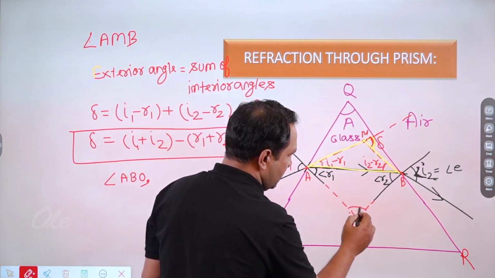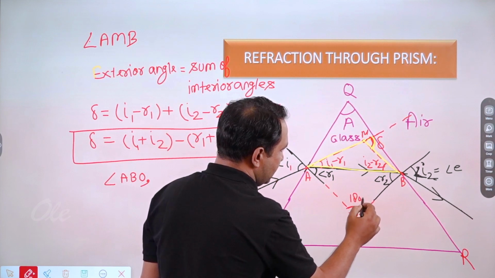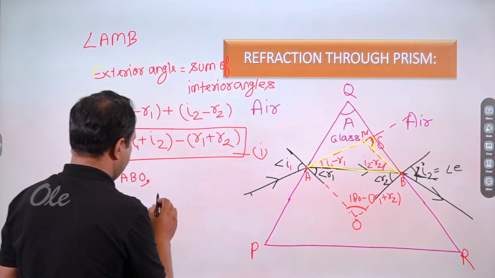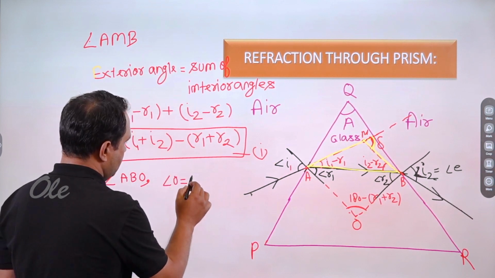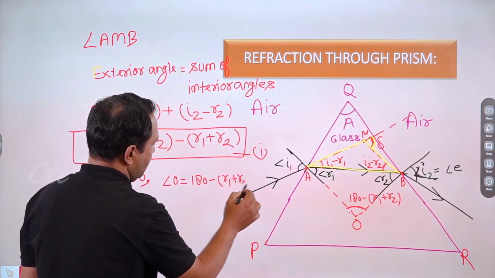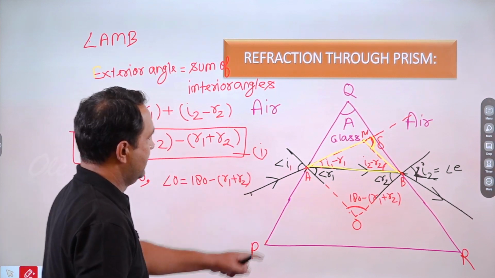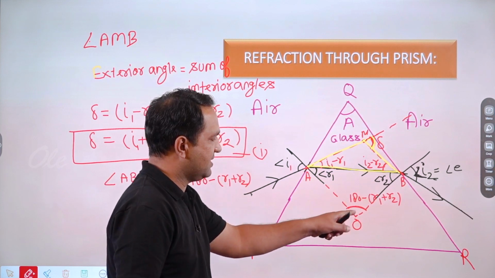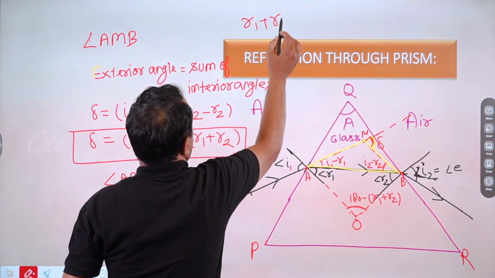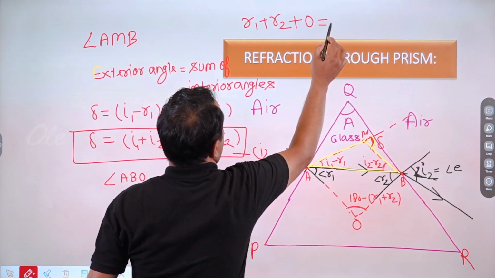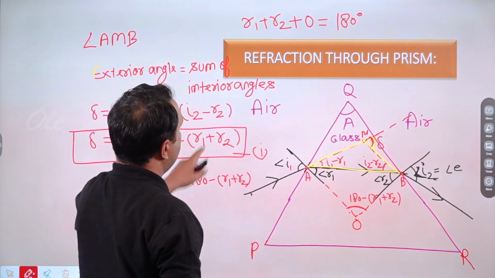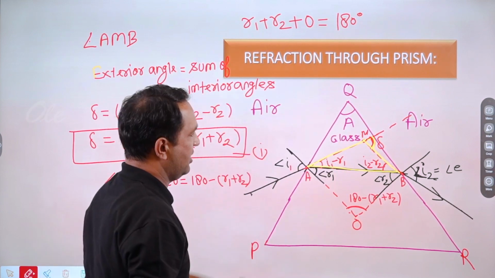So how much will this one be? 180 minus R1 plus R2. So angle O is equal to 180 minus R1 plus R2. Have you got from where we got this? R1 plus R2 plus O should be equal to 180 degrees. So angle O is equal to 180 minus R1 plus R2.